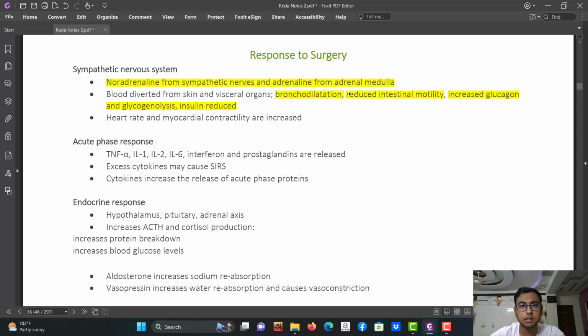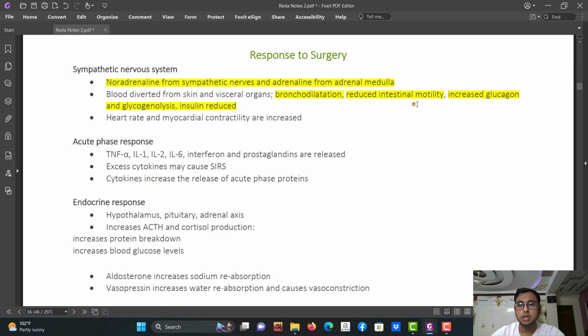And the effects are bronchodilation of the respiratory system and reduced intestinal motility, that is ileus. So during surgery, the abdomen may be distended, or there may be paralytic ileus or ileus related disorders, that is temporary dysmotility.